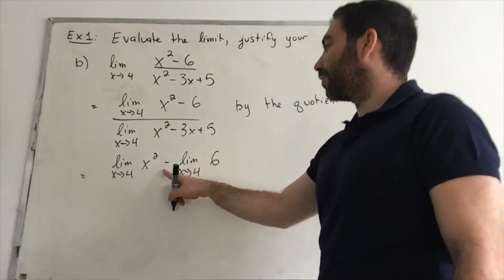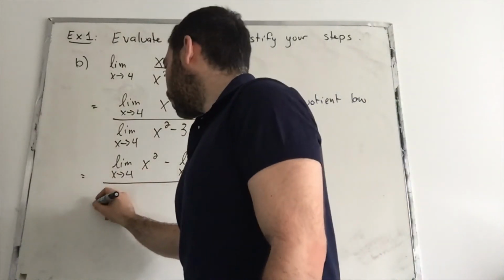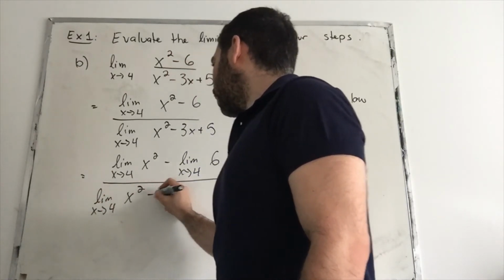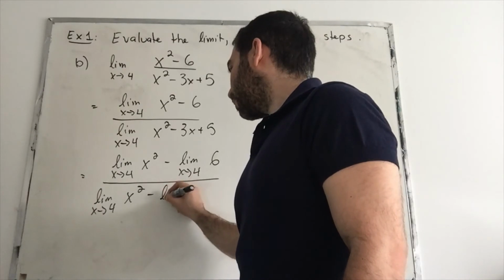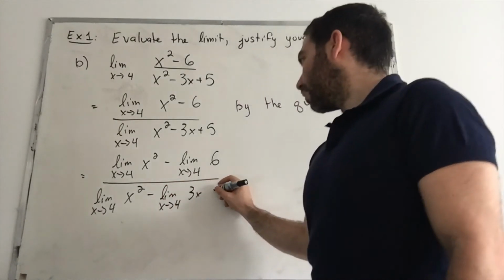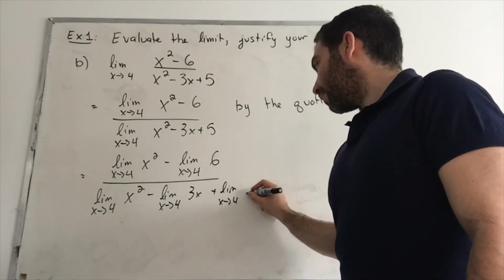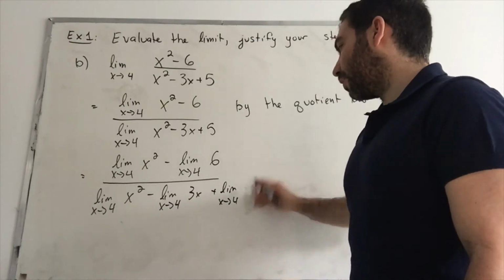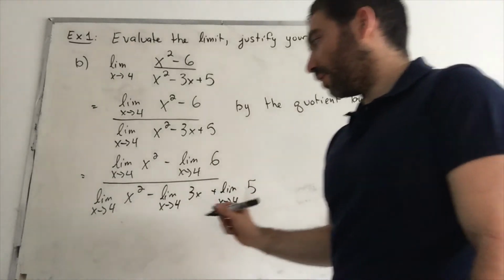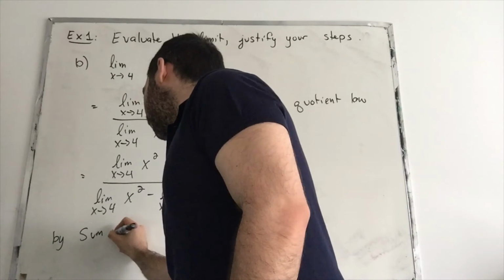I already took into consideration the negative, so here it's just 6, over the limit as x approaches 4 of x squared minus the limit as x approaches 4 of 3x plus the limit as x approaches 4 of 5. Okay. And the property we used here was the sum and difference law.